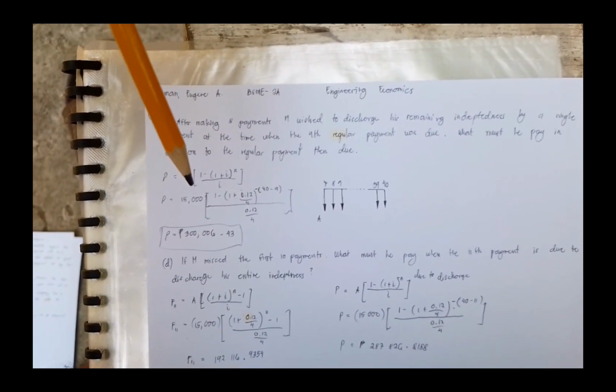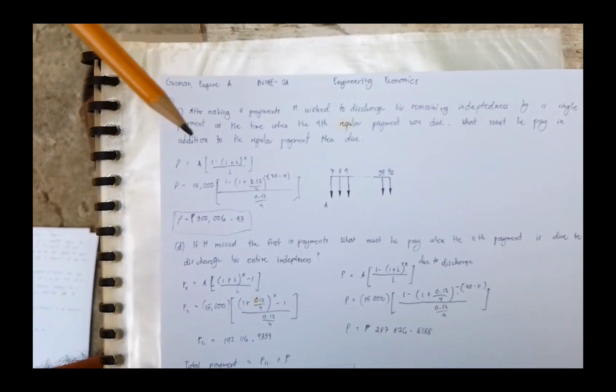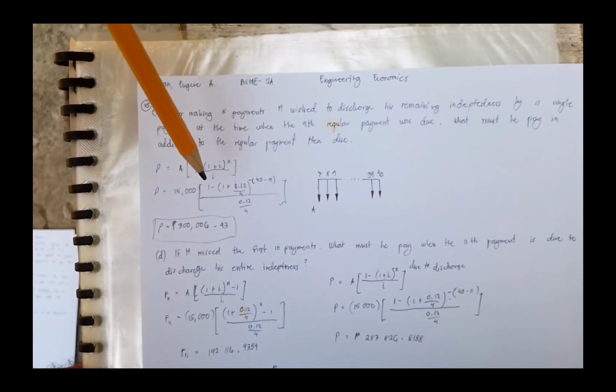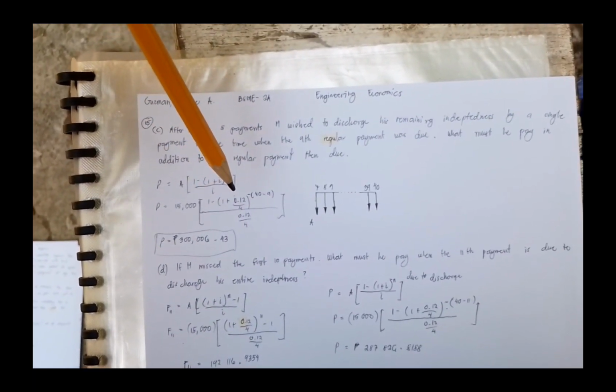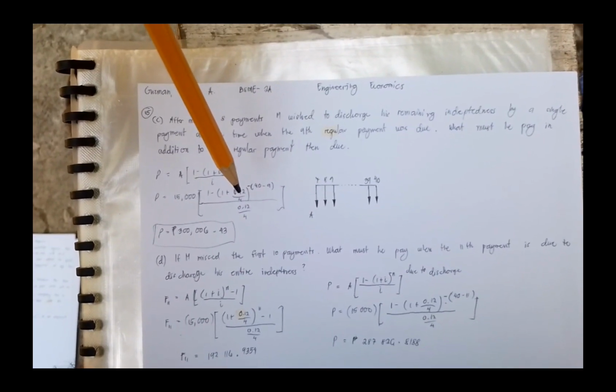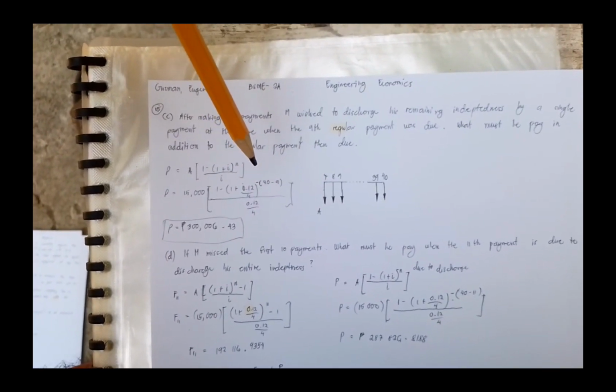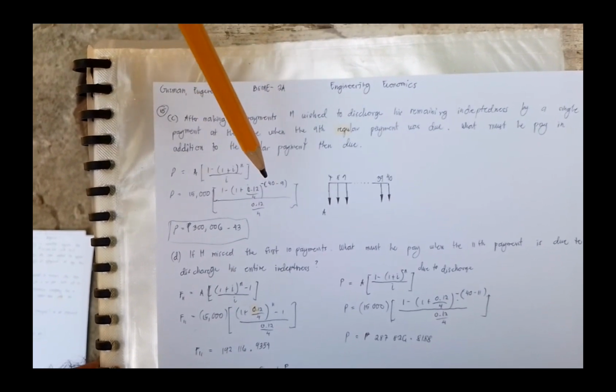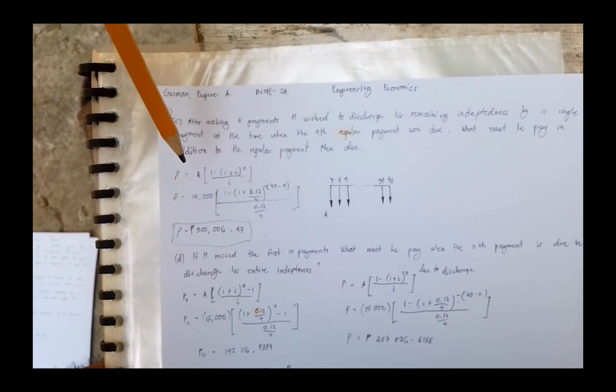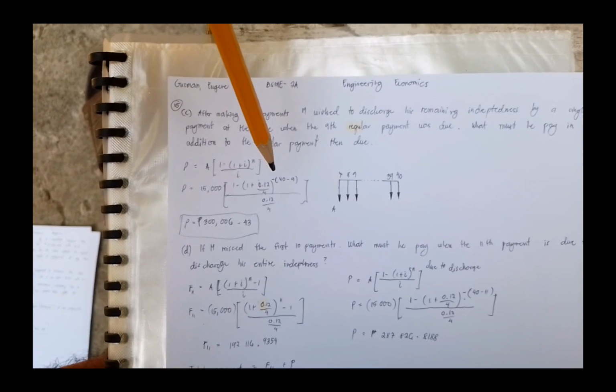Then simply substitute 15,000, our annual payment, times the quantity of 1 minus 1 plus 0.12 over 4 raised to negative, sorry, I forgot the negative since we are using P, 40 minus 9.